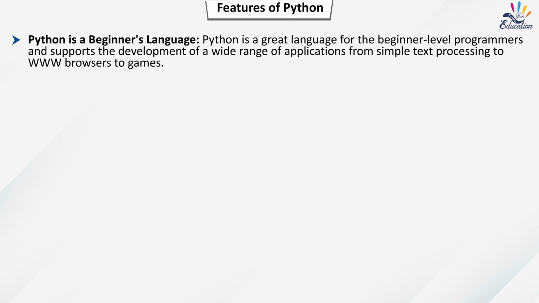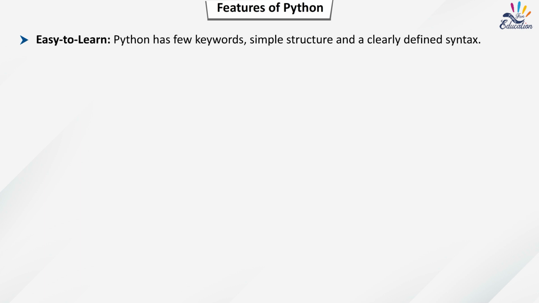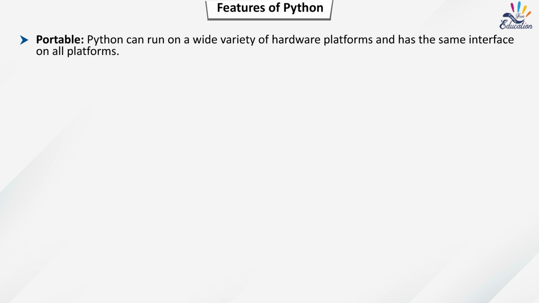Python is a great language for beginner-level programmers and supports the development of a wide range of applications, from simple text processing to WWW browsers to games. Easy to learn: Python has few keywords, simple structure, and a clearly defined syntax. Easy to read: Python code is more clearly defined and easy to read.